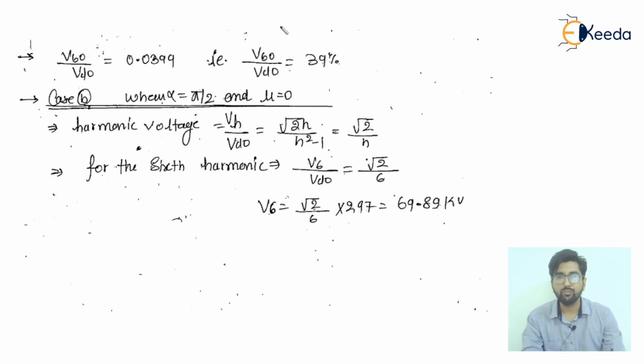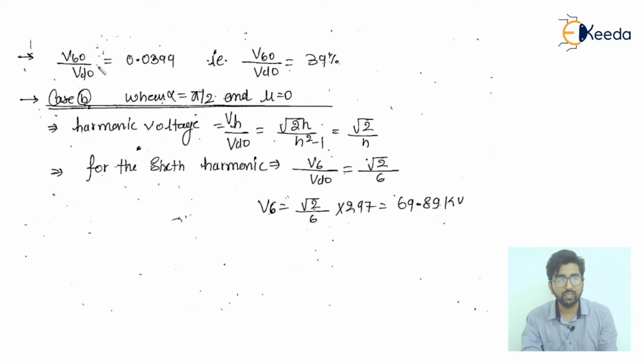Now you can also simplify it in percentage value. It is the harmonic divided by Vd naught, the no load voltage on the DC side, so I can write it as V60 upon Vd naught.